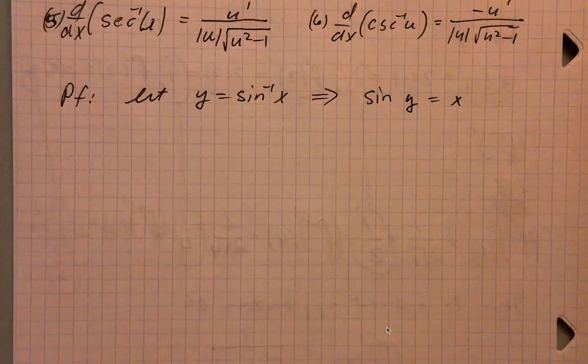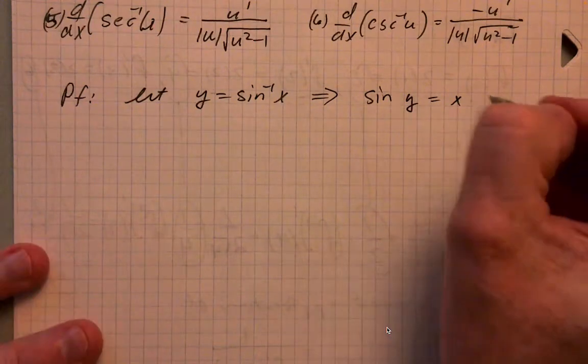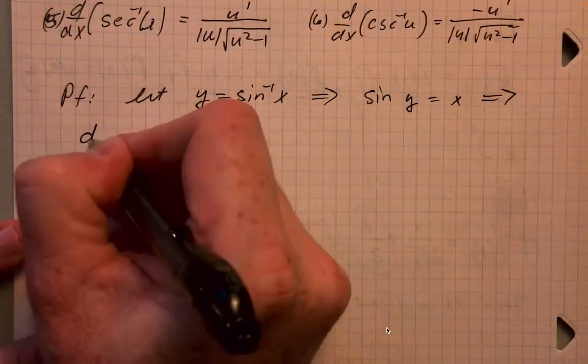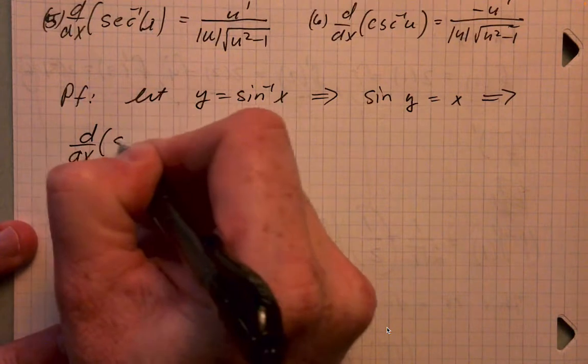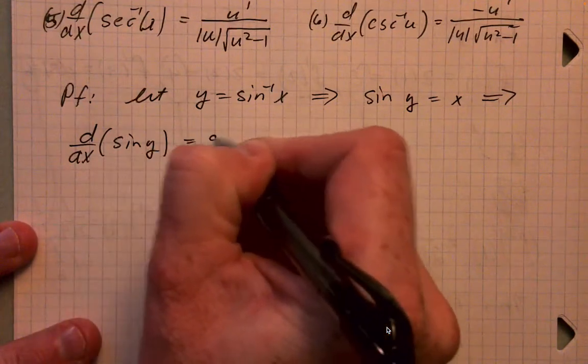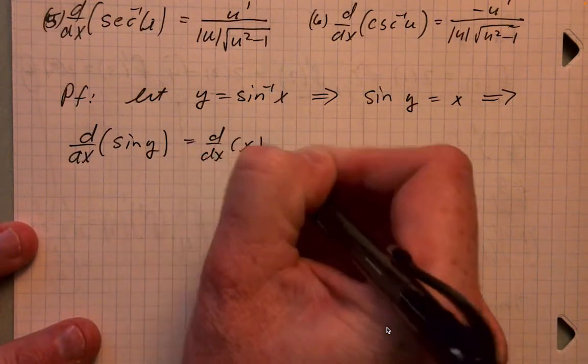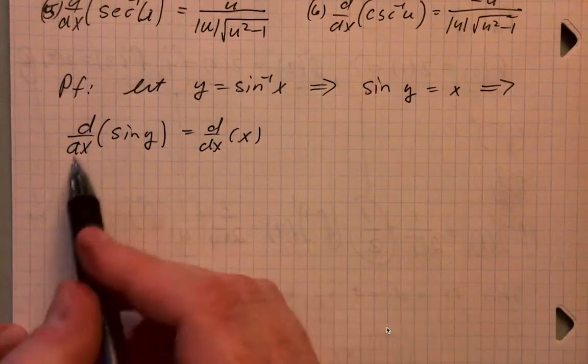Now remember, we're interested in dy dx, the derivative with respect to x. So we're going to have to use implicit differentiation, which is what we talked about in a previous lecture. So we're going to take d dx of both sides here. We can differentiate this.